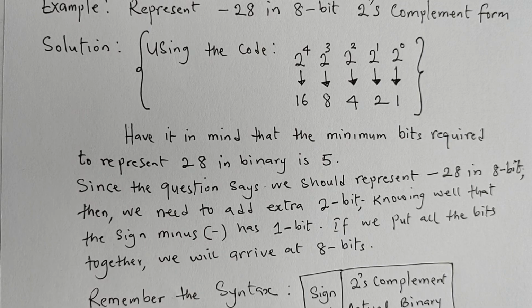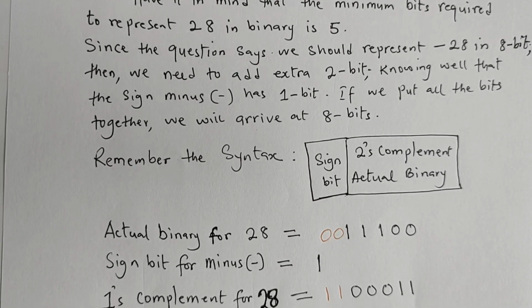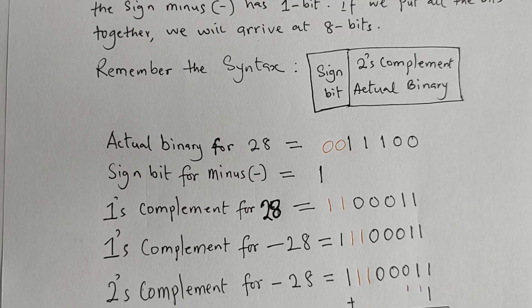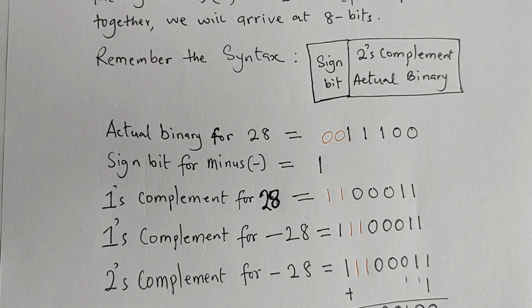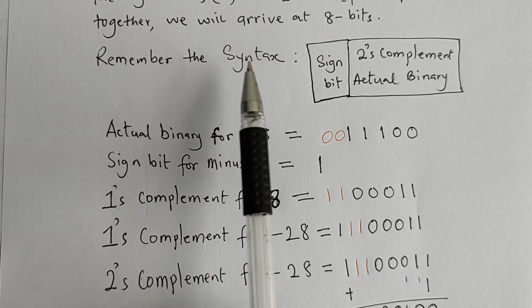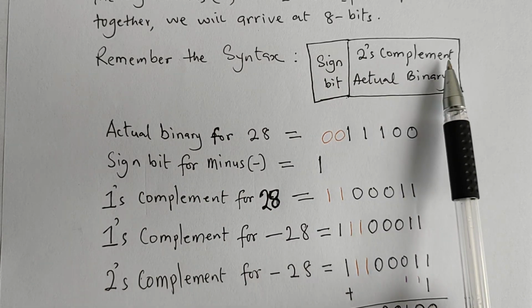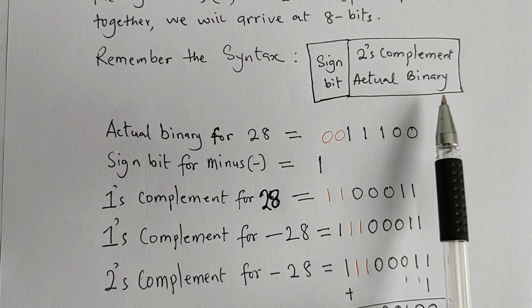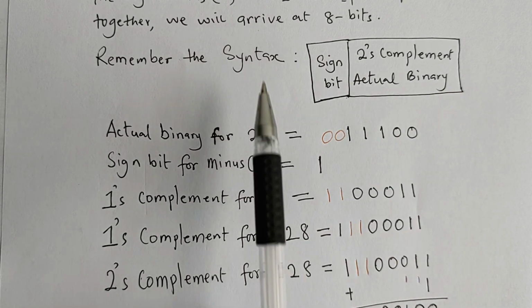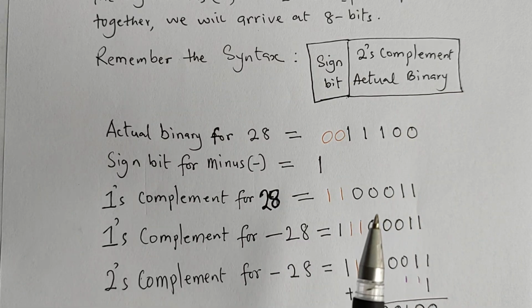This is very easy. Alright, so remember this syntax. It's a sign bit and then you have the 2's complement actual binary. This is the same formula we're going to use all through this class.